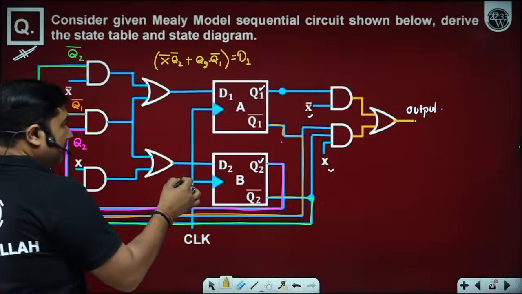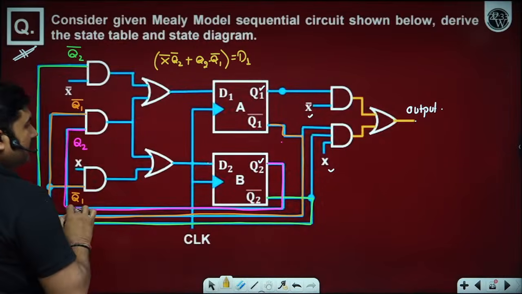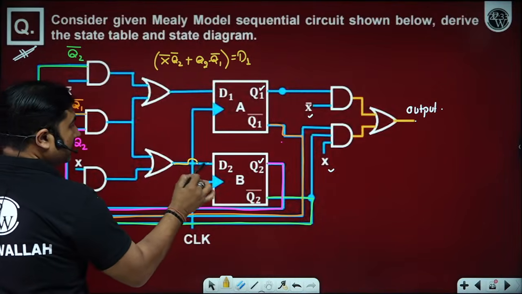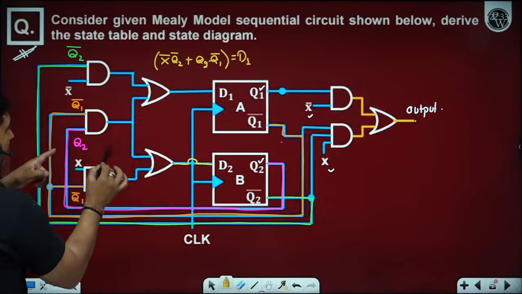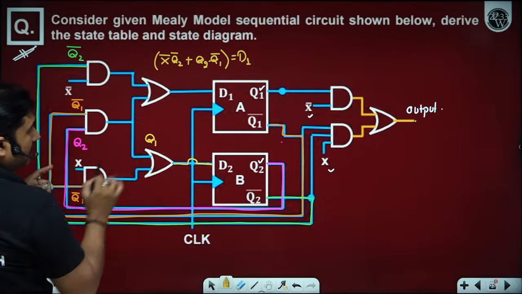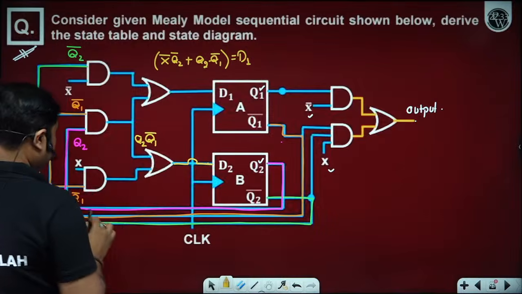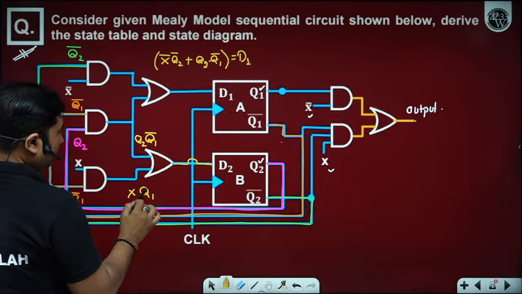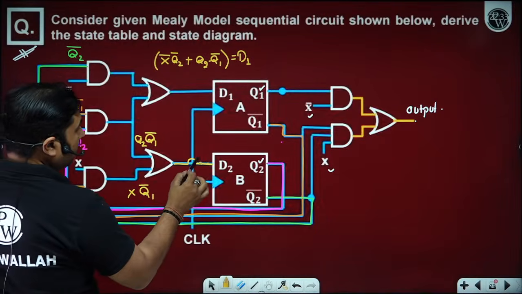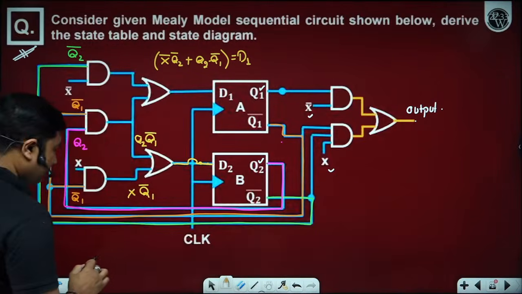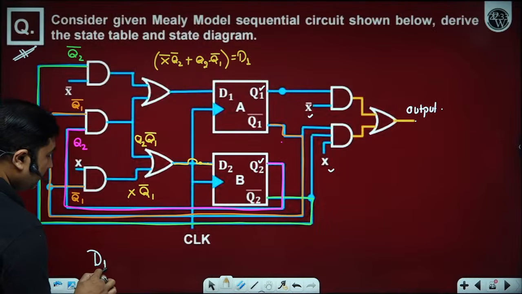Similarly, what is the input to D2? This is the clock. Input to D2 is Q1 bar, Q2, Q1 bar, and X Q1 bar. Before applying the clock pulse, first we need to find the input to the different flip-flops.